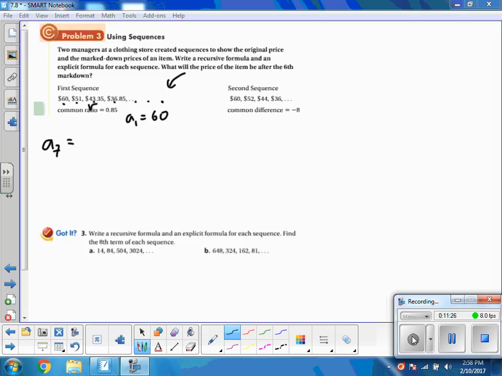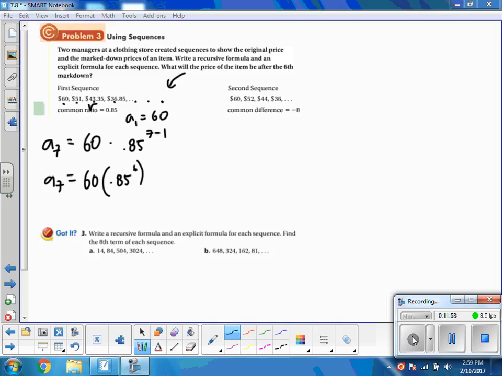So I need to start with my initial amount, which is 60, times my rate, which is 0.85, to the n minus 1, so n being 7 minus 1. Right? Okay, so my seventh term is 60 times 0.85 to the sixth power.